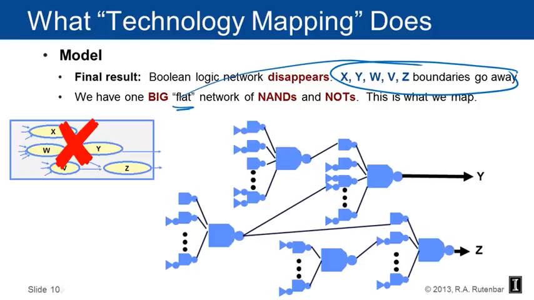No, I take the logic function specified by every node in the diagram, I flatten it out into two-level NAND, NAND, NOT structure, I connect up everything appropriately and I throw the Boolean logic network away. This big, messy looking logic network with all of these NAND gates and inverters, this is what we map. This is what happens next.